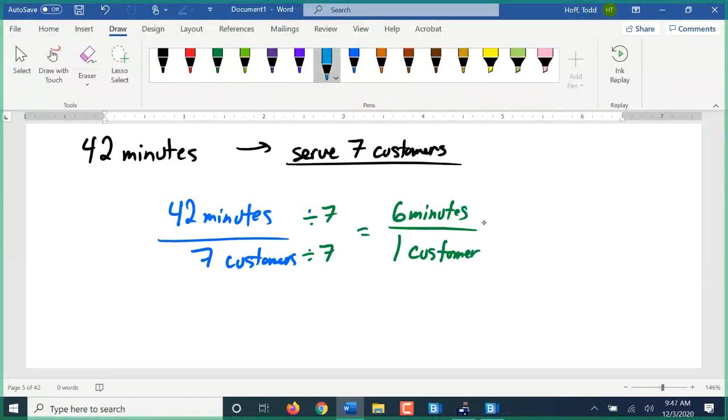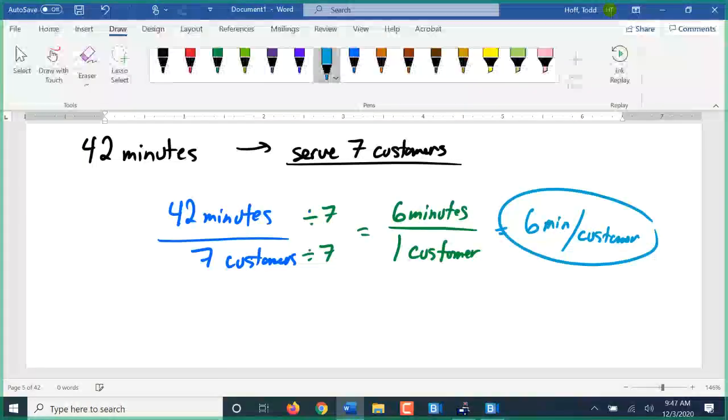Giving you a rate of 6 minutes per customer. There are companies that do make that standard, that it should not take more than so many minutes per customer for you to accomplish what you need to do.